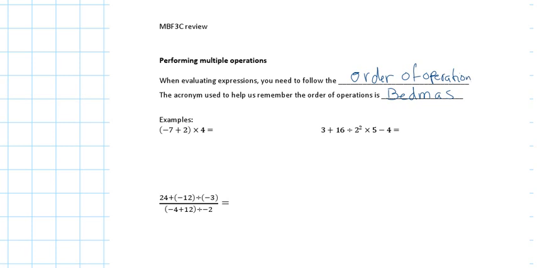You can't put it in the oven before mixing. Or when a doctor is doing an operation, they have to cut open first and then do the work, and then they can't stitch first. You know what I mean? So it's the order that we follow. Same with math. You have to follow a certain order of operation. The acronym for it is BEDMAS. Do you guys know what BEDMAS stands for?